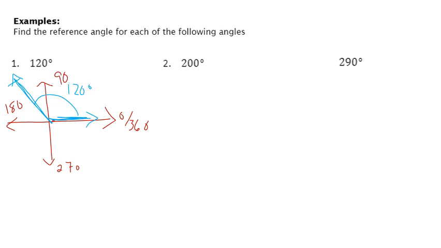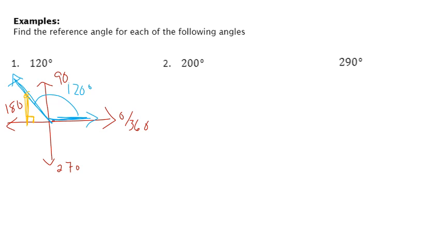And then we're looking for a reference angle. So a reference angle is if I take a point here on the terminal side and drop it straight down, I'm going to make a right angle here.